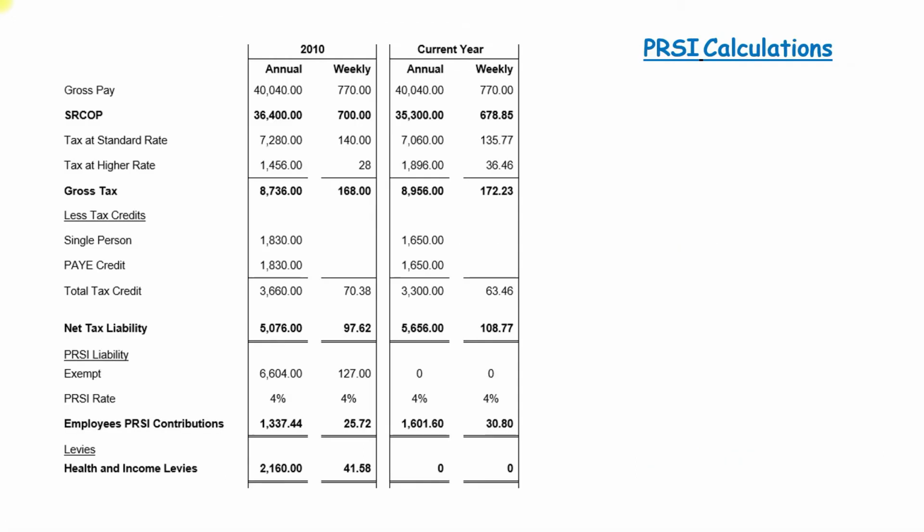Next up are the PRSI calculations. You will notice there is no exemption in the current year, whereas there was an exemption of $127 before you paid any PRSI in 2010.